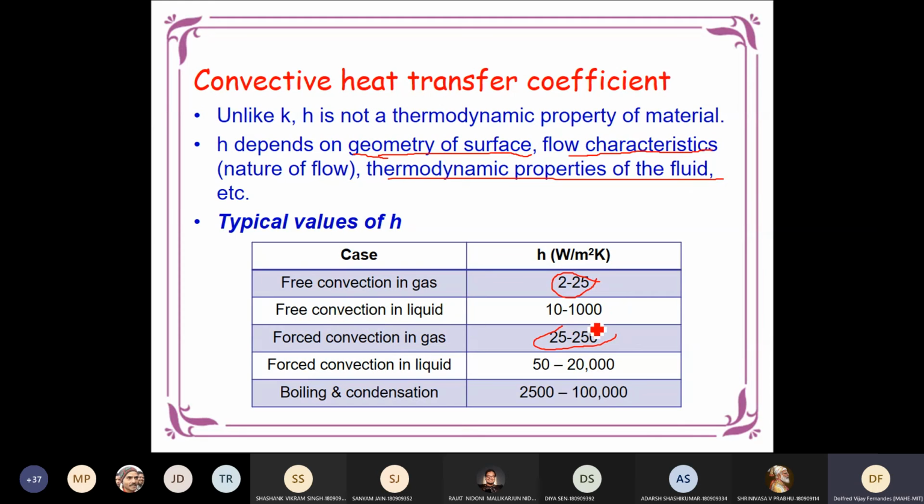Free convection in liquid is higher. If it is forced convection, then the values are higher. And for boiling and condensation, the H values are very, very high. This is just to give you the magnitude of this parameter H.